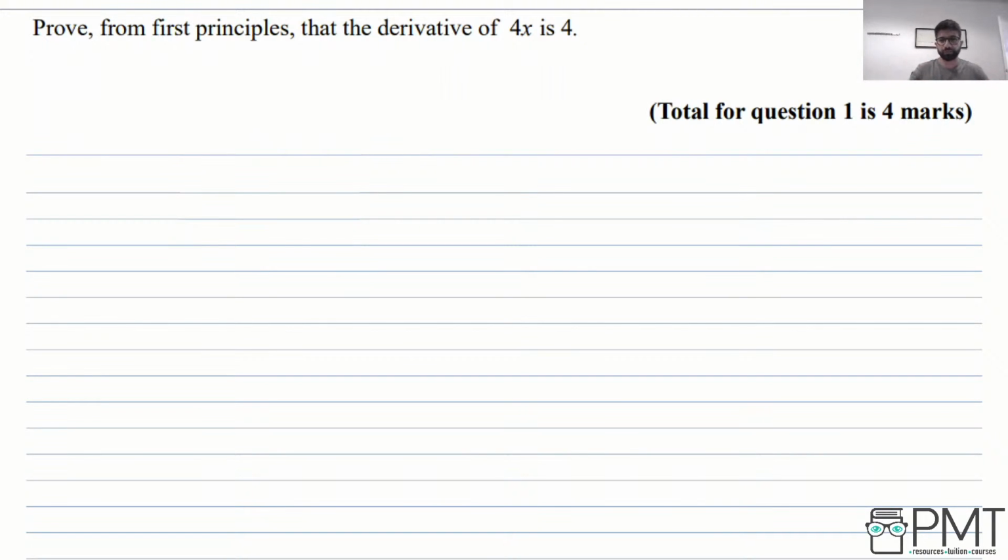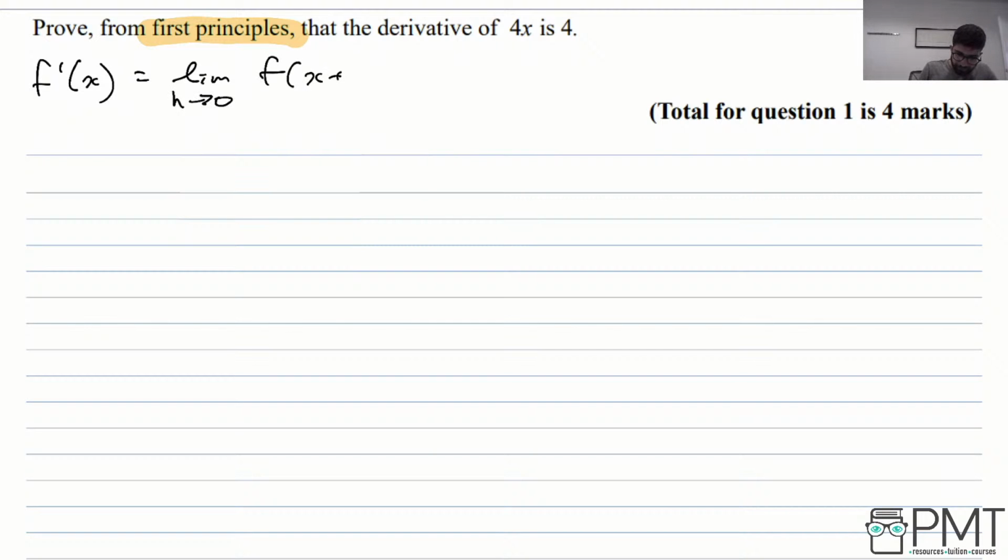But we need to prove this from first principles. And when the question talks about first principles, you need to remember that formula, which is f dash of x is equal to the limit as h goes to 0 of f of x plus h minus f of x over h.